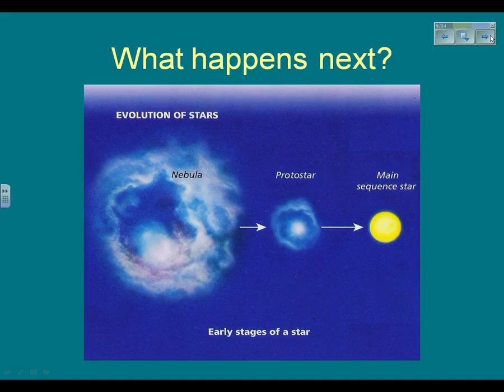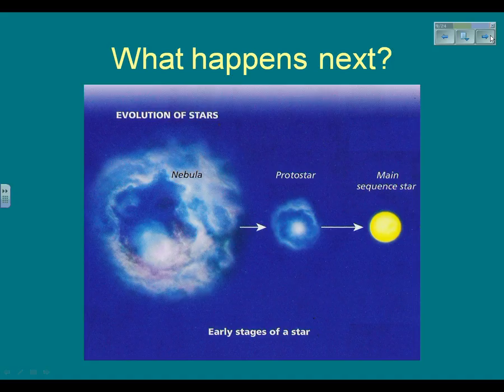Alright. So as long as those two competing forces remain balanced, the star remains a star. It doesn't move up or down the HR diagram. It just stays where it is, but it's still a star.